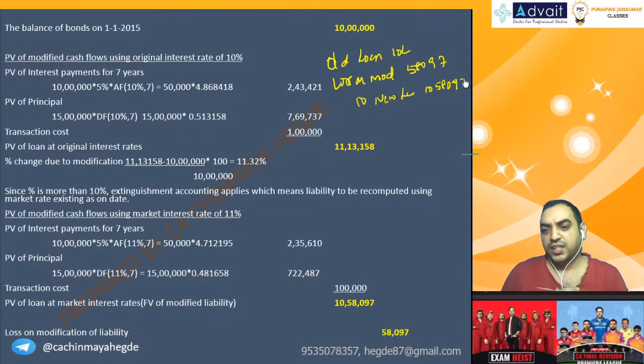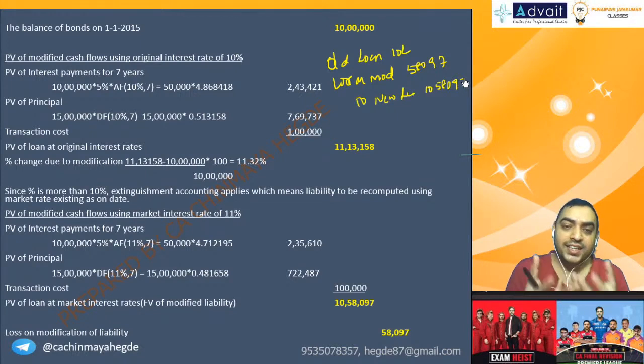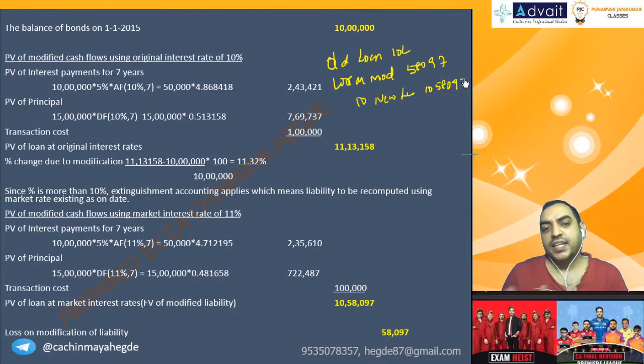That's all the journal entry. No other journal entry can be expected. Very simple: the old loan is derecognized, the new loan is recognized, and the difference is transferred to the P&L account as loss or profit on modification. In this case, it is a loss on modification.